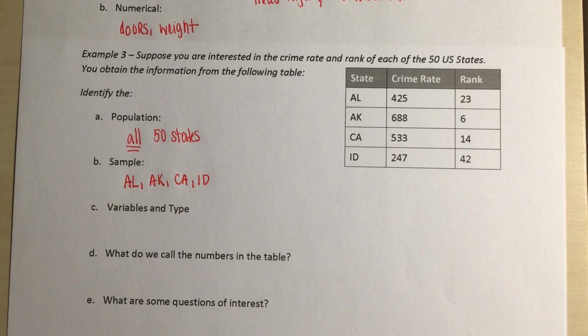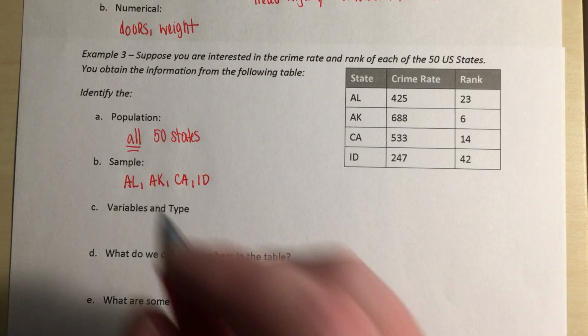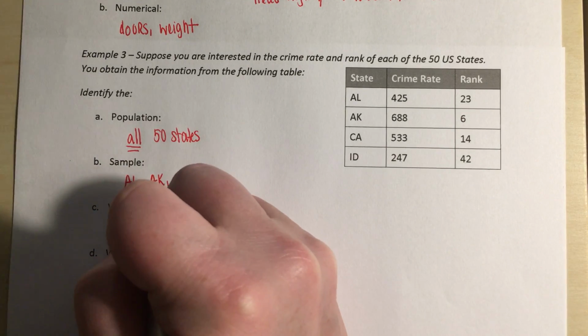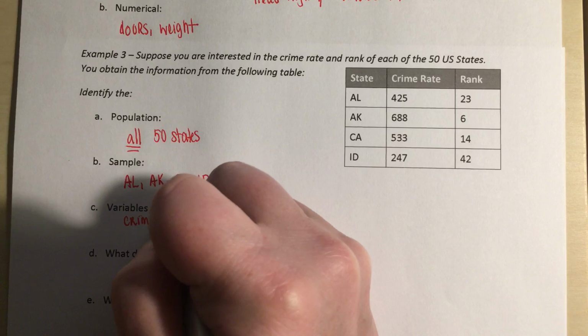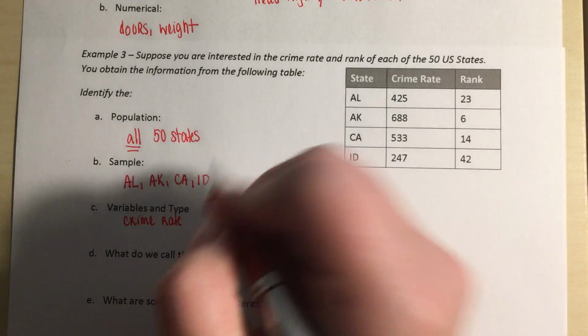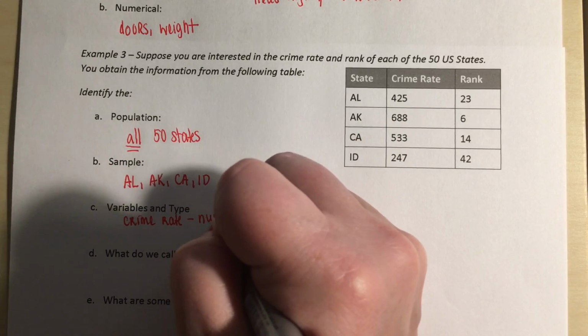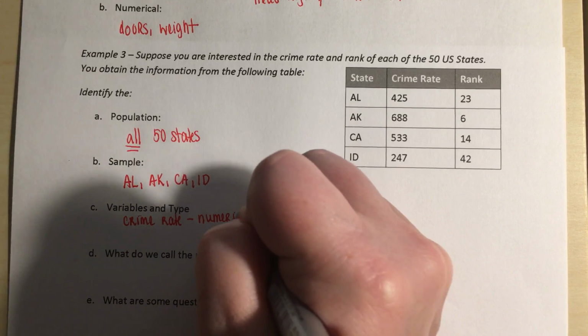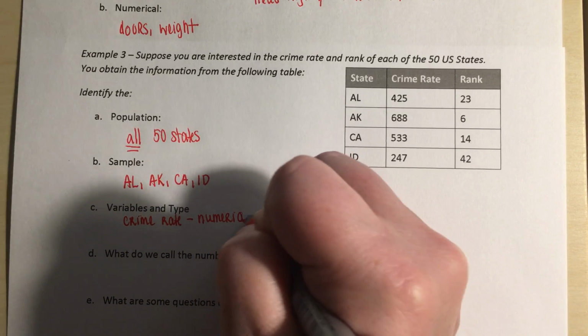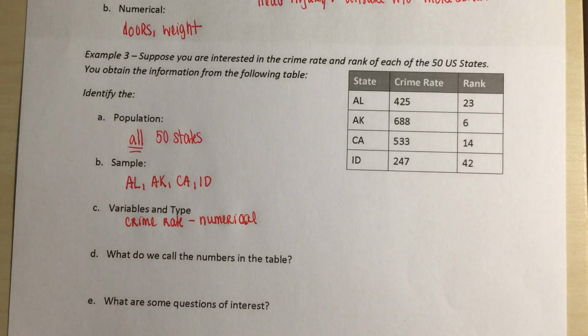All right, our variables and type. Well, our crime rate is definitely a numerical variable. We know it's a numerical variable because it is a number.